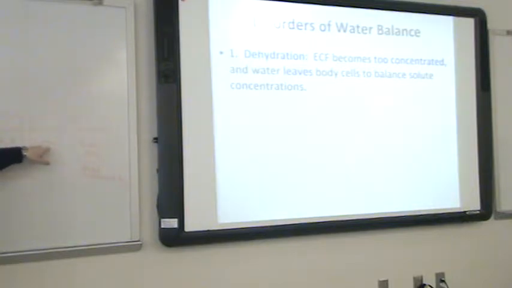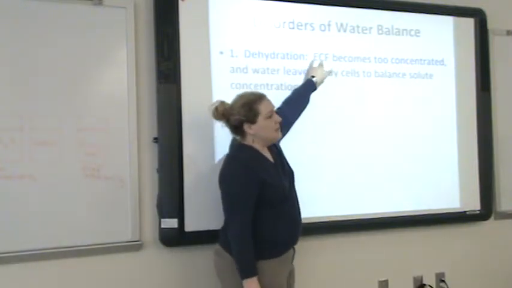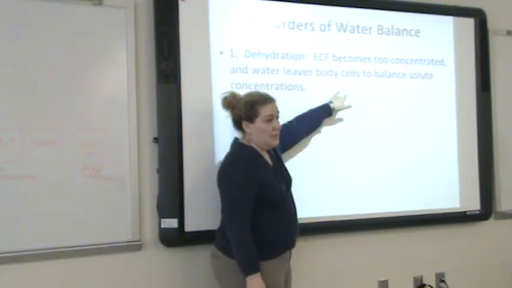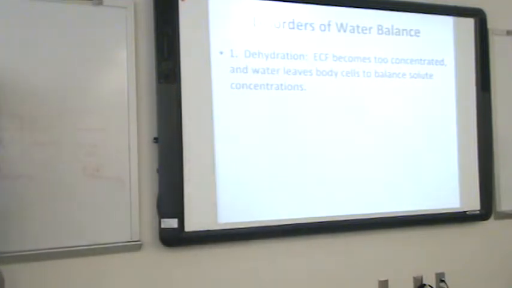So imagine if your normal fluid balance is supposed to be like Gatorade, but you don't have enough water retained within your body, you're going to move toward more of this situation. Your body fluids are going to become more concentrated. And when your extracellular fluid becomes more concentrated, water will leave cells. Water will leave the inside of cells.